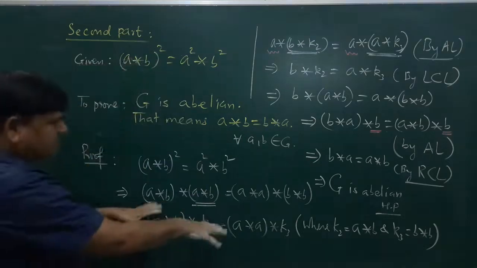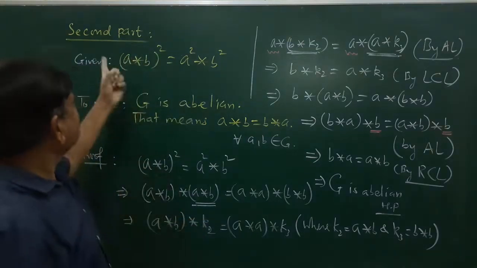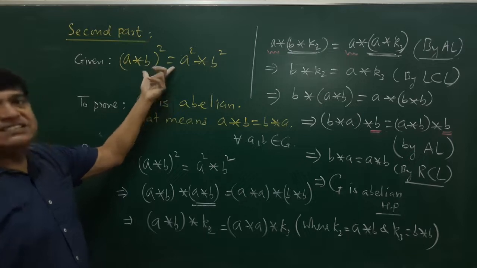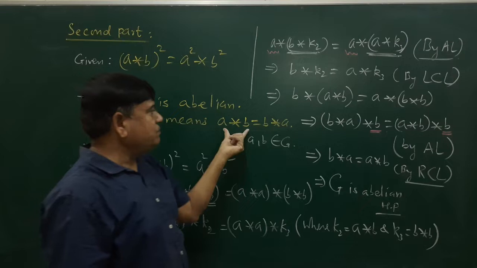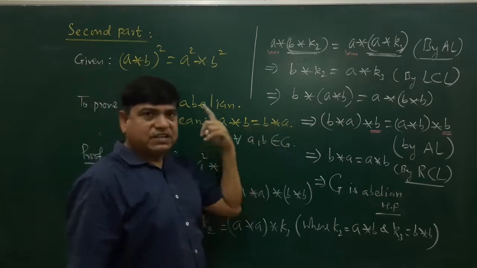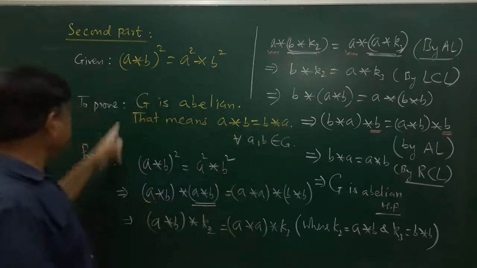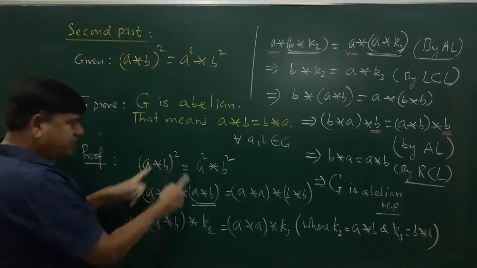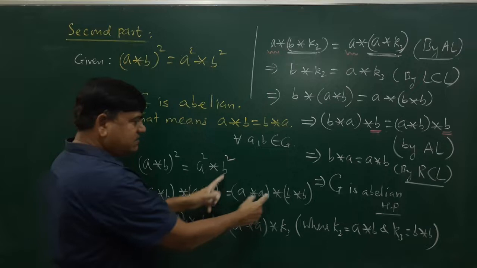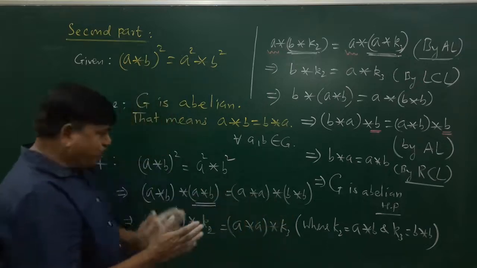Let us revise. This is given. इसी से start करेंगे. Prove क्या करना है? G is abelian means we have to prove this one. a star b equals to b star a for all a, b. So this part is given. I have copied. What is the meaning of this? a square means this. b square means this.